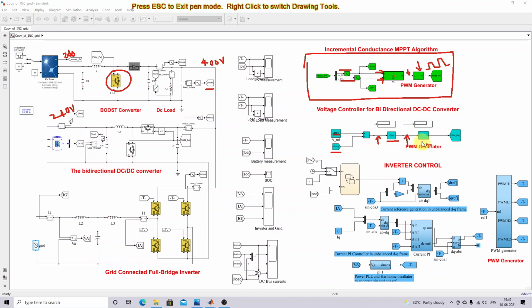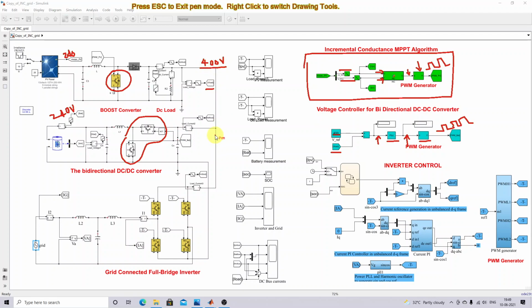This duty cycle is processed via the PWM generator. It will generate the pulse. So this pulse will control the IGBT used in the bidirectional converter. Okay, so it is going to control this switch in order to maintain the bus voltage around 400 volt.